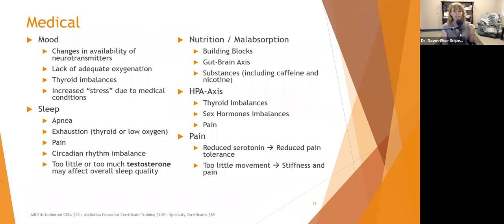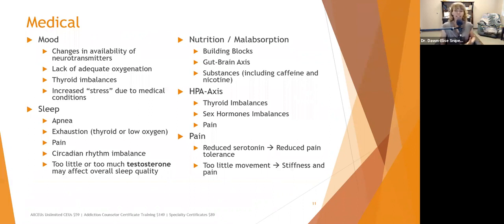Medical problems can contribute to exhaustion because of low thyroid or low oxygen. And when people are exhausted, they want to sleep all the time. When they want to sleep all the time, then they often are taking naps and messing up their circadian rhythms, so the sleep they do get is poor quality, and they wake up and they don't feel refreshed.